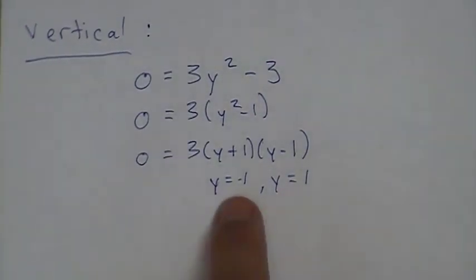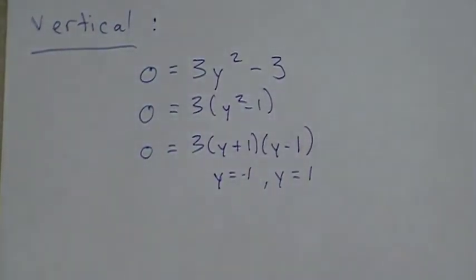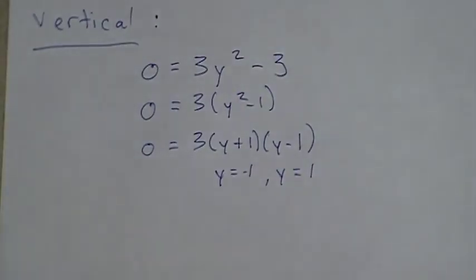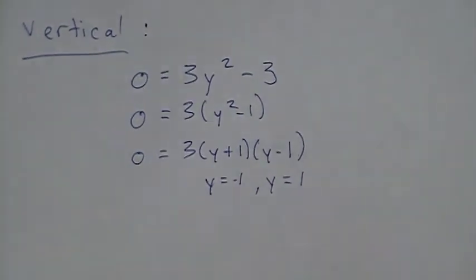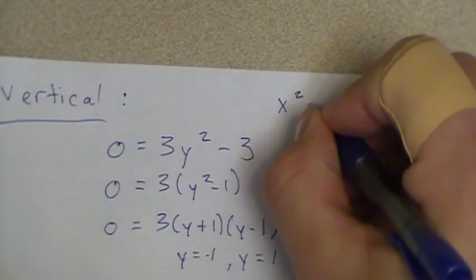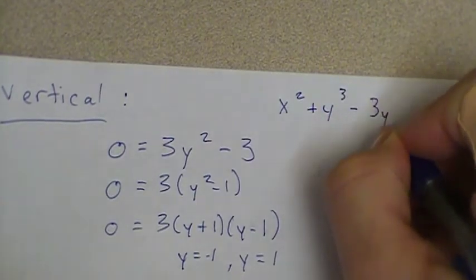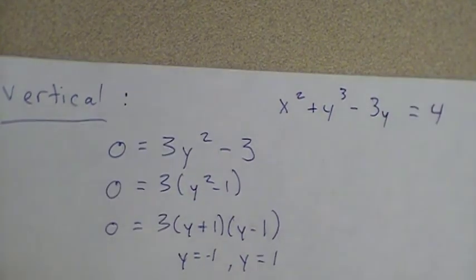So there are two values of y that make our derivative undefined. They're 1 and -1. So anywhere on our graph where y is equal to 1 and y is equal to -1, we're going to have vertical tangents. But what are the x values on this graph where we have these vertical tangents? So that's why we need to go back to the relation one more time, and that relation, I'll just copy it down in the corner here, was x squared plus y cubed minus 3y equals 4.